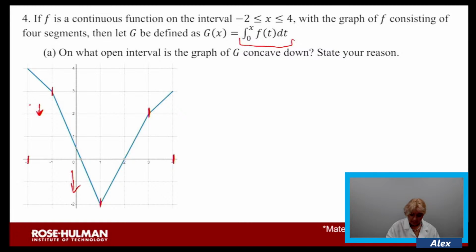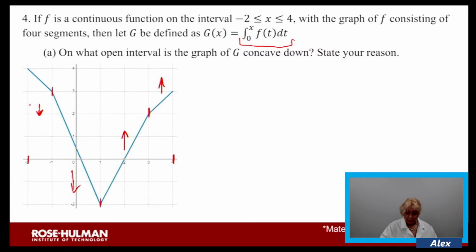This one is decreasing, but it is not progressively decreasing at a larger rate or increasing at a larger rate than it is decreasing. The opposite is true for these, with the same result where they are going upwards, but they are not increasing upwards at a larger rate as you go from left to right, so it is not concave up.